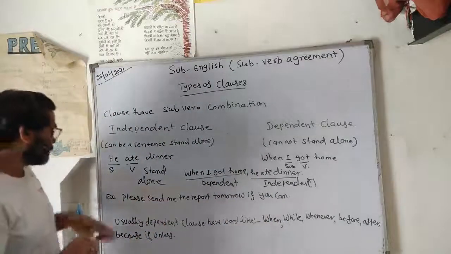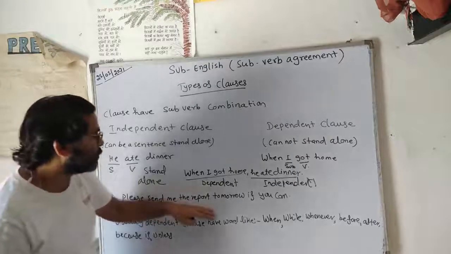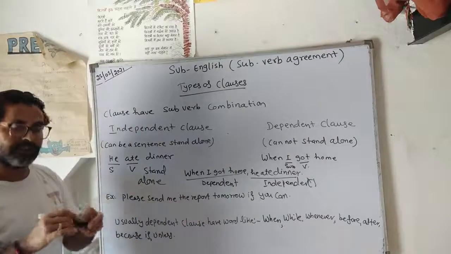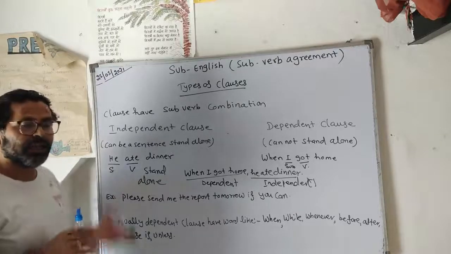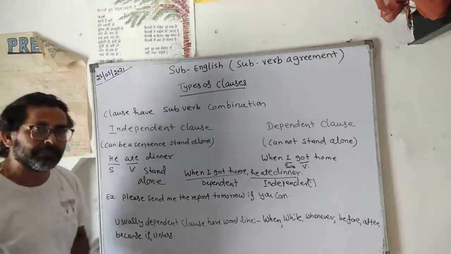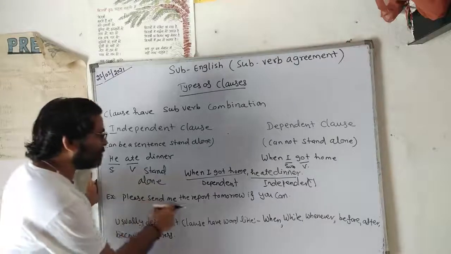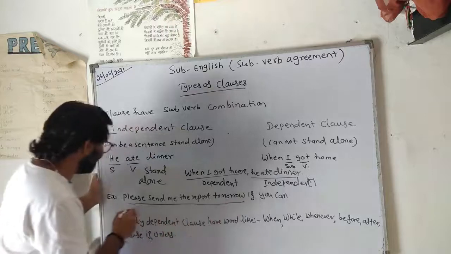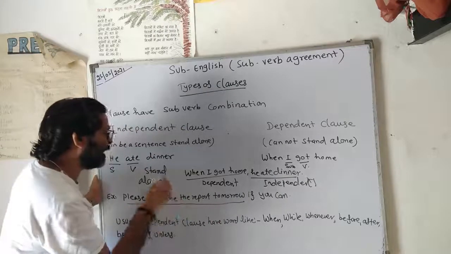For example, "please send me the report tomorrow if you can." Can we identify the clauses here? Which one is the dependent clause and which one is the independent clause? "Please send me the report tomorrow." This is a complete sentence and it has a subject and verb.